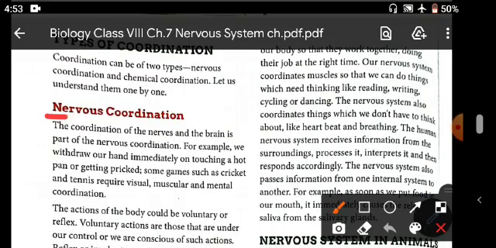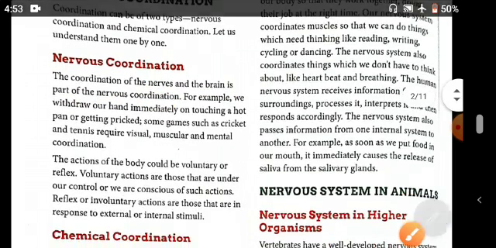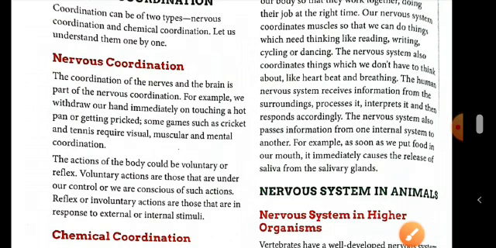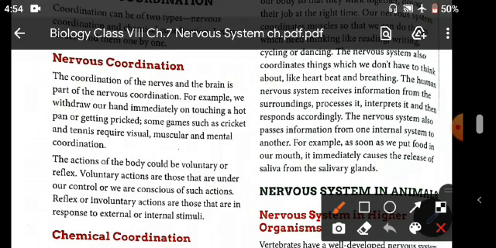What is nervous coordination? In nervous coordination, the coordination of nerves and the brain is involved. For example, we withdraw our hand immediately on touching a hot plate.